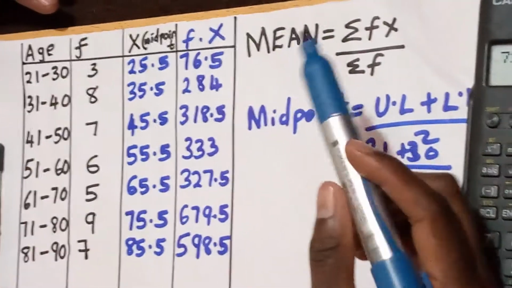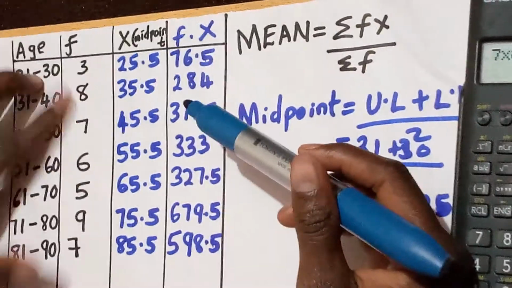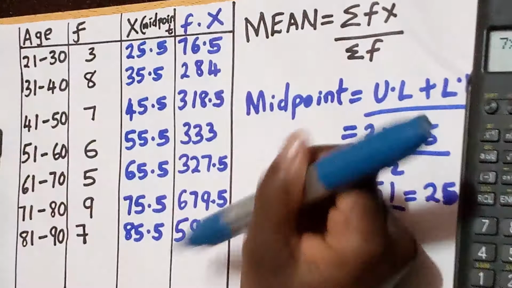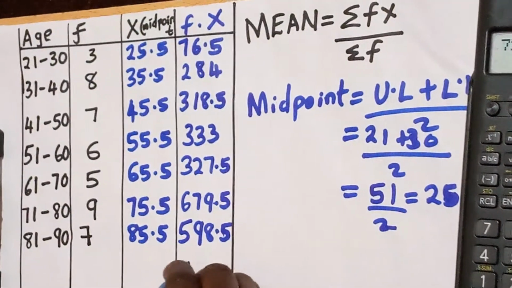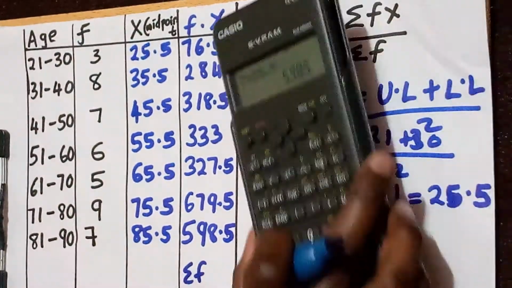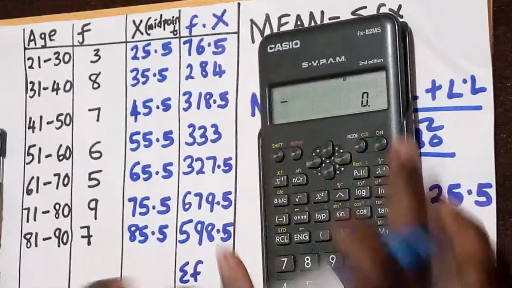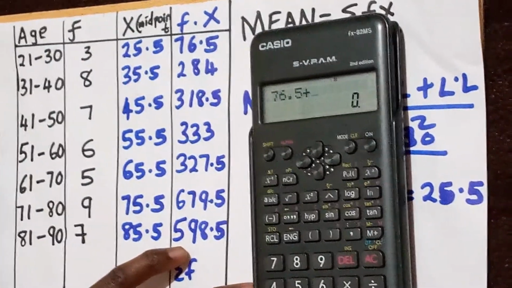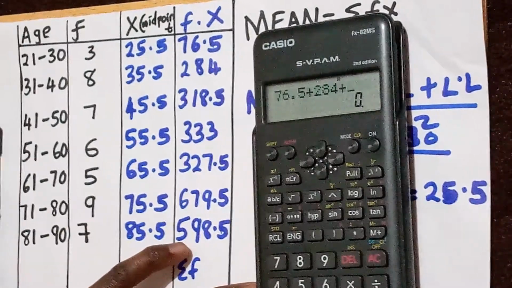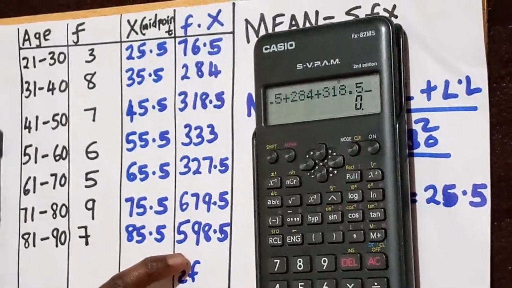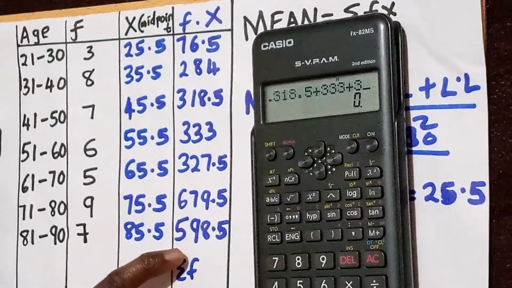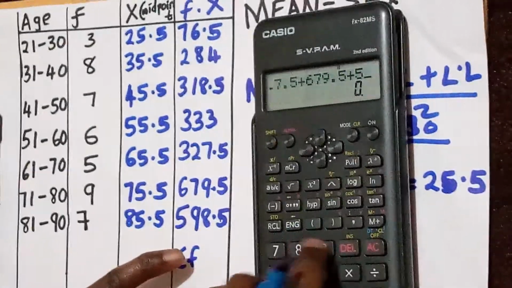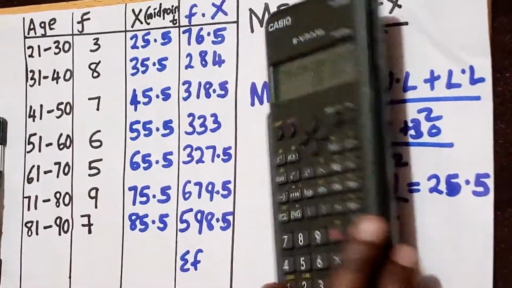So after having multiplied the frequency by the midpoint and getting this column, we are going to add them to get the summation. So add 76.5 plus 284 plus 318.5 plus 333 plus 327.5 plus 679.5 plus 598.5. Again, be very careful.